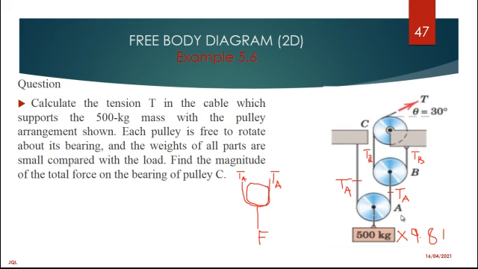We do our summation of forces, if this is our X and this is our Y. We say summation of forces in the Y should be equal to 0. 2TA would be equals to F. TA would be equals to 500 times 9.81 divided by 2. This is how simple it is.